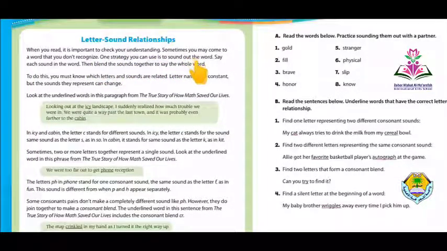Say each sound in the word, then blend the sounds together to say the whole word. All right? To do this, you must know which letters and sounds are related. Letters' names are consonants, but the sounds they represent can change.